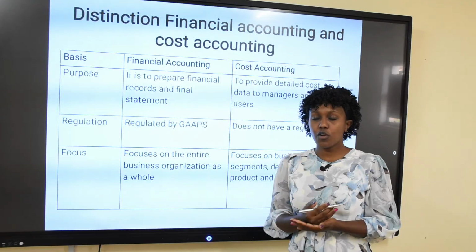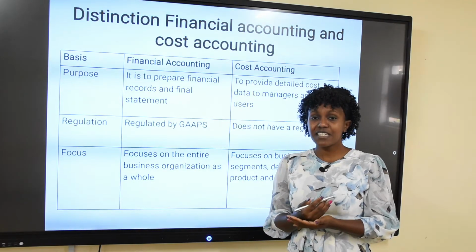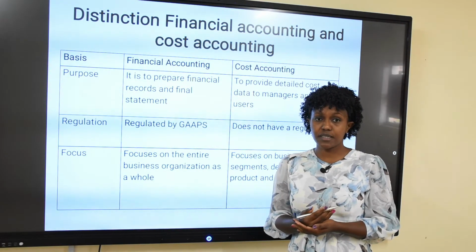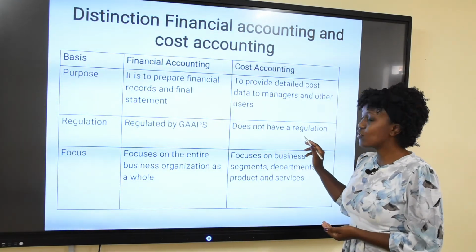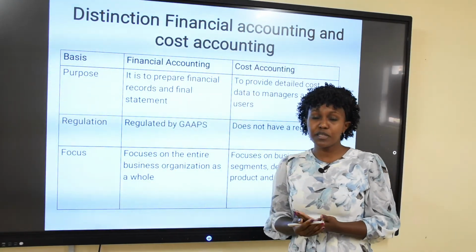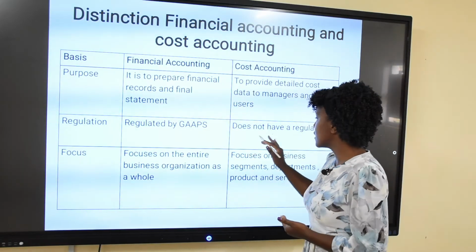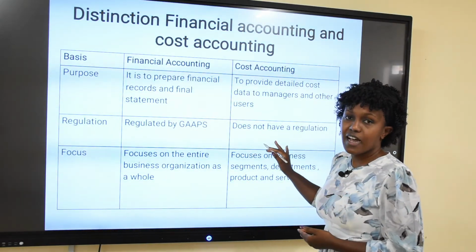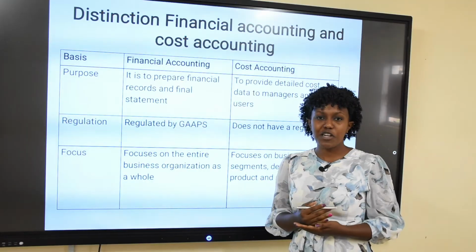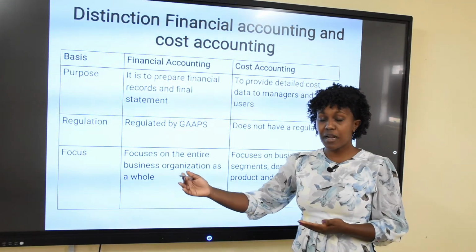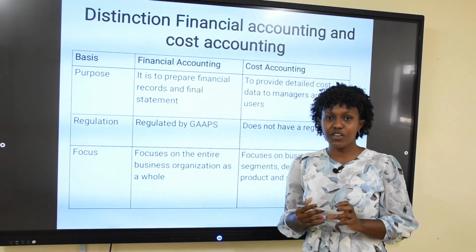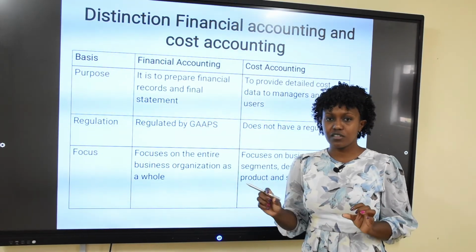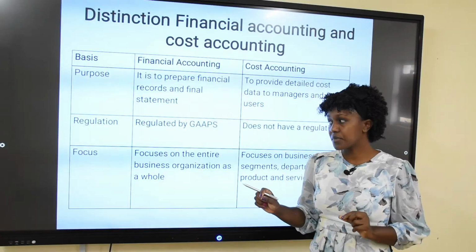You have to also follow what you call the generally acceptable accounting principles. So cost accounting, on the other hand, does not have a regulation. So in simple terms, cost accounting reports are prepared as per the need of management. Whatever the manager wants, in whichever format they want them, that is what they are given, because there is no regulation on how it should be done.